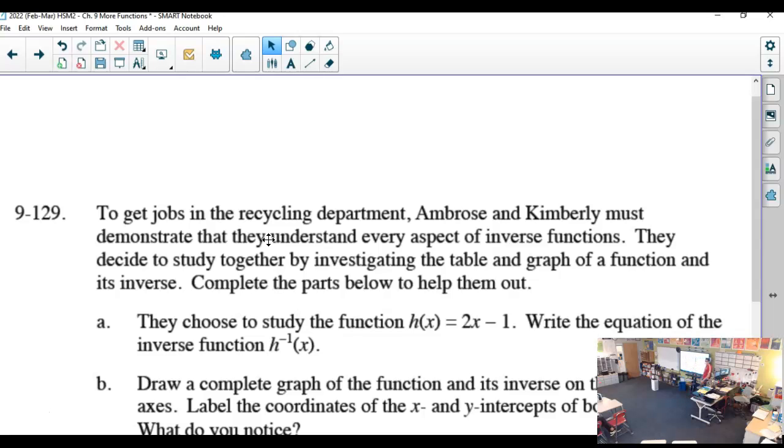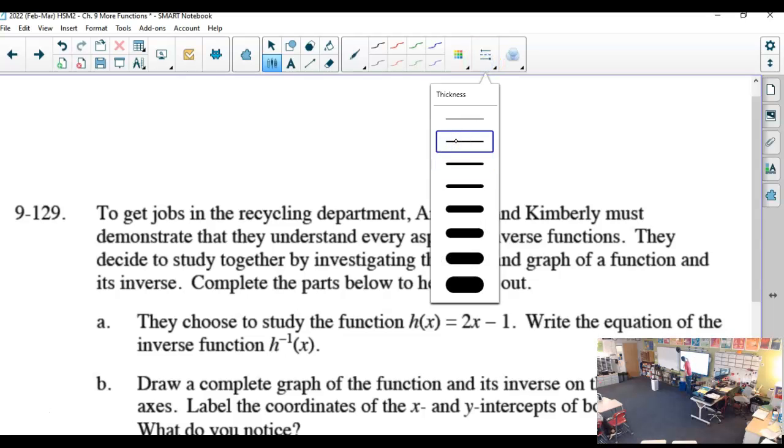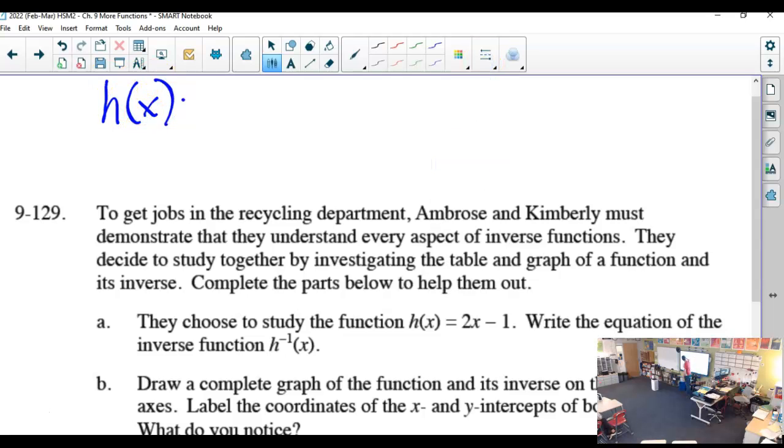Again, you are processing very quickly, but earlier your quick processing led you down a stray road you didn't want to go down. If we put h of x on our paper: h of x, 2x minus 1. I'm sure we could look at that and say slope and y-intercept pretty quickly.